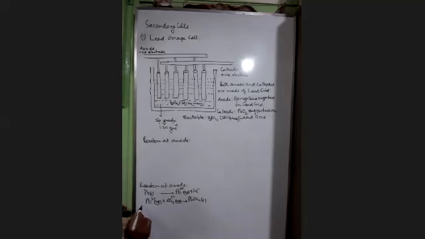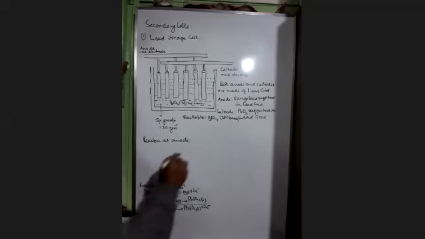Okay, so I'll write here now: Pb2 plus, SO4 2 minus aqueous give you lead sulfate solid. So this lead sulfate will now deposit on the surface.